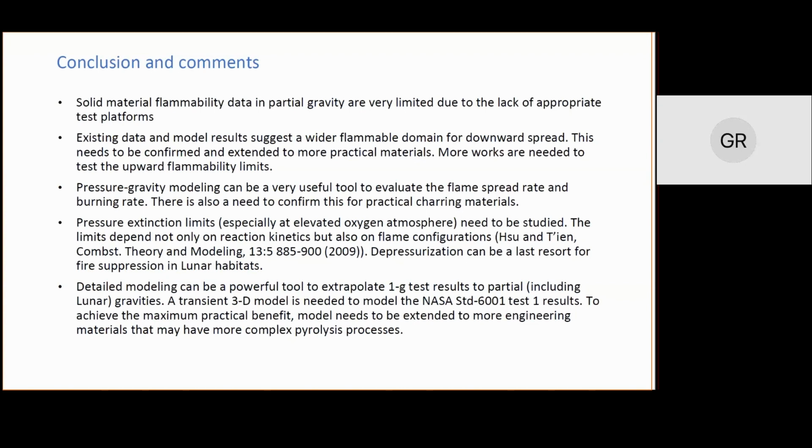More work will be needed for the upward spread limit. Numerical modeling should be a very useful tool to evaluate the flame spread rate, and this also should be extended to practical materials. The pressure extinction limit needs to be studied more. Pressure limits not only depend on kinetics but may also depend on the flame configuration. There's a difference between stagnation point flow and side stabilized flow, such as flame spread.